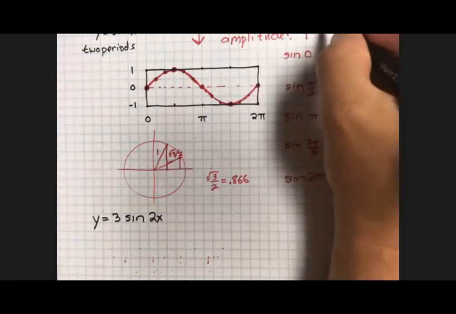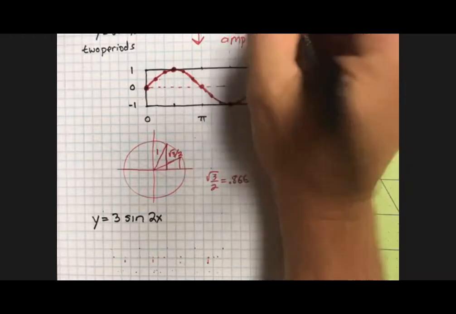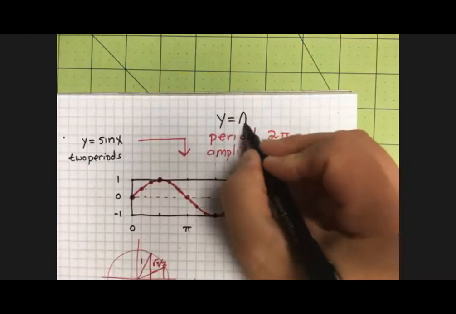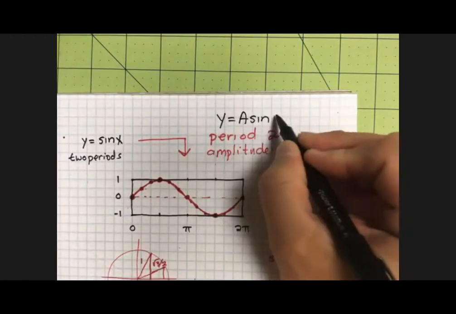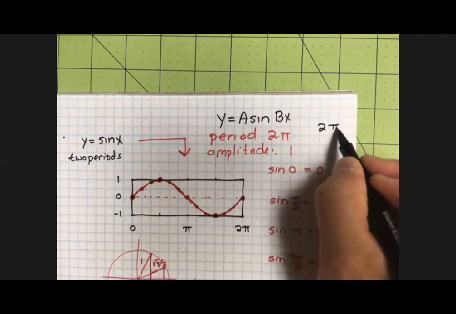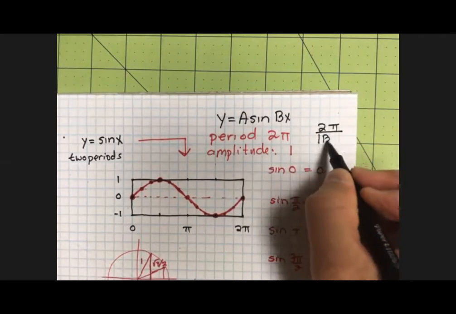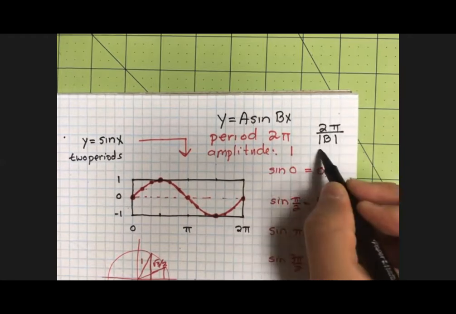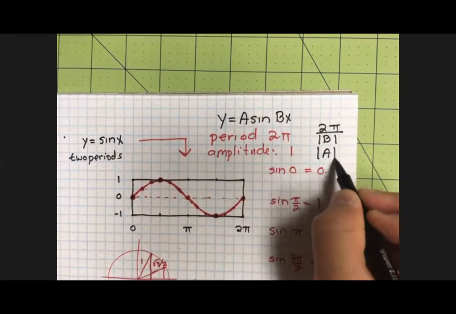Now, when people write basic sine graphs like this, a sine bx, they often describe the period as 2 pi divided by the absolute value of b, and they describe the amplitude as the absolute value of a.